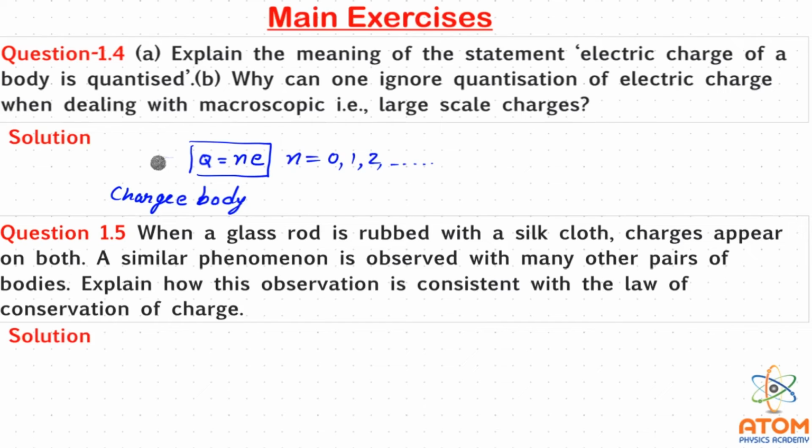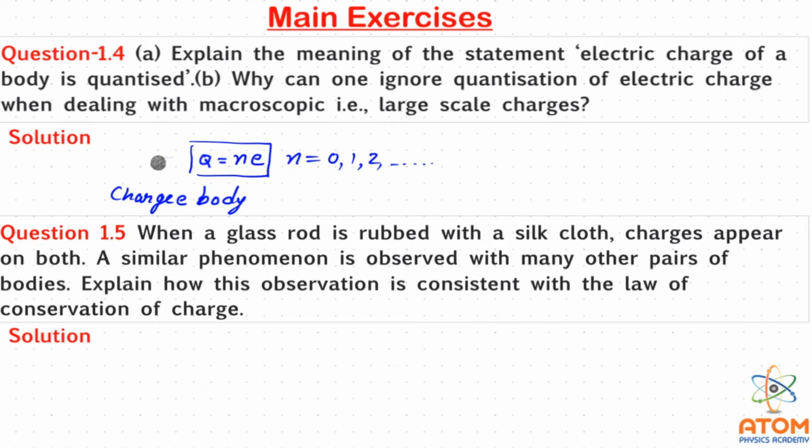That electron has been shifted from what it was rubbed with. Suppose it was rubbed with fur, so the electrons are shifted from the fur. Otherwise, the comb itself had the same amount of protons and electrons, so it was neutral, but it received some amount of electrons, and that's why it became negatively charged.